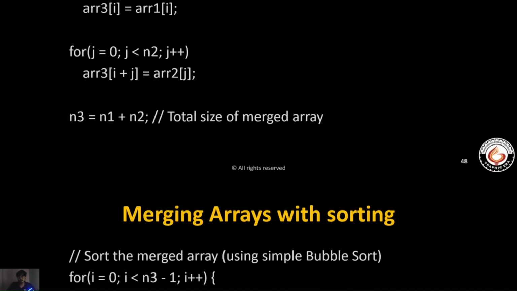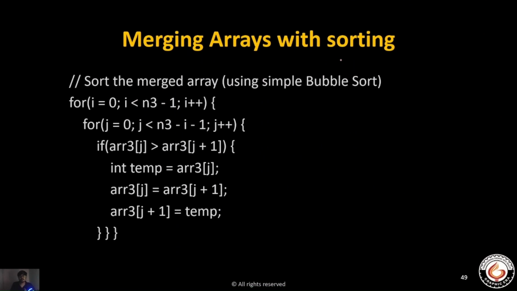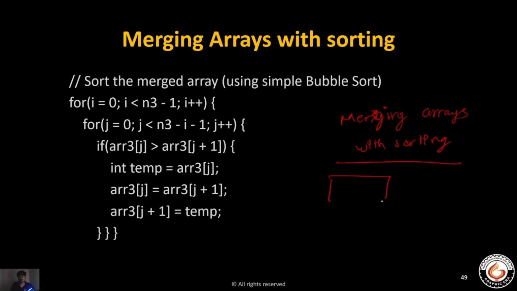Now we will learn about merging arrays with sorting. So what will be the steps of merging arrays with sorting? It will take only two steps. Firstly, we will merge without sorting.